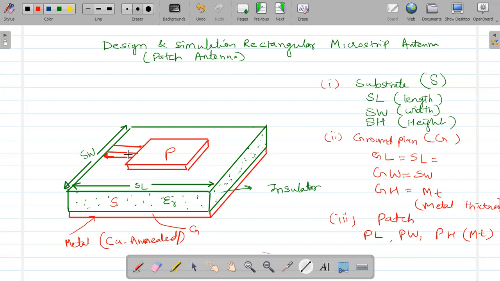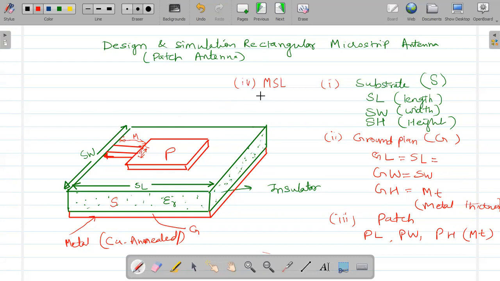We will call this fourth component a microstrip line. This is the line we want to create.